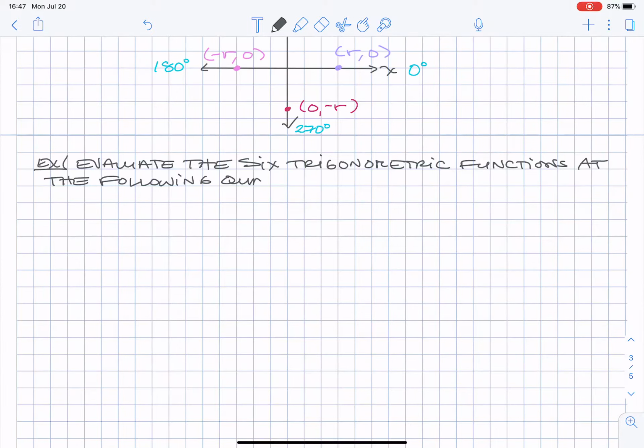Okay, so number 1, let's have theta be equal to 0 degrees.